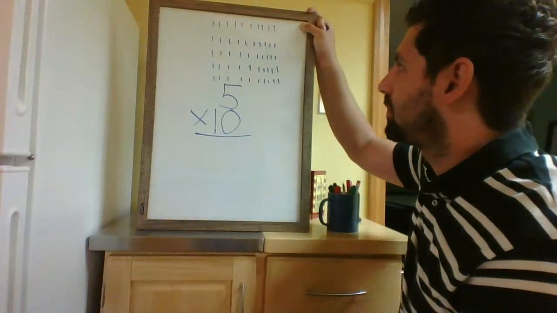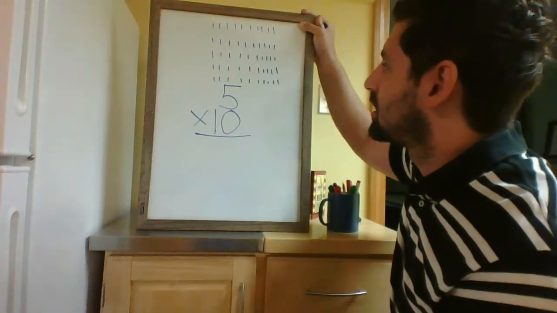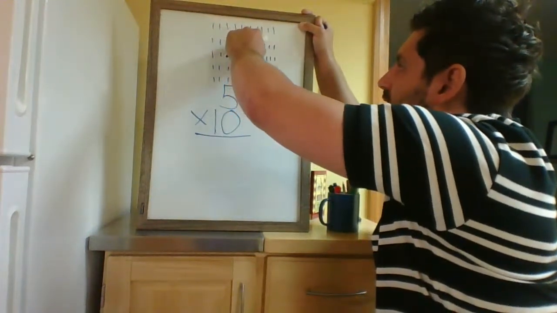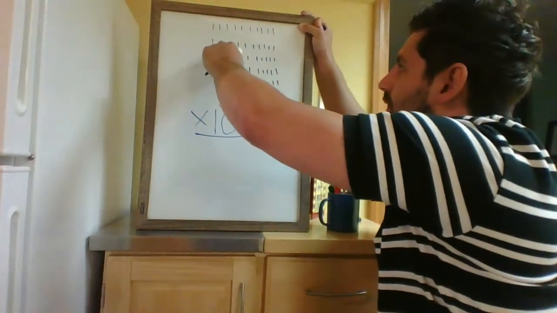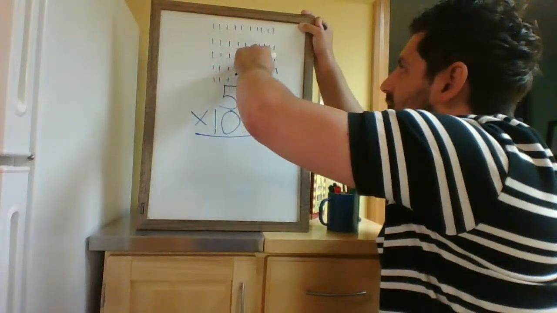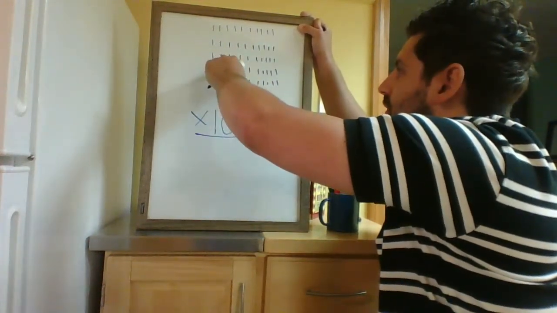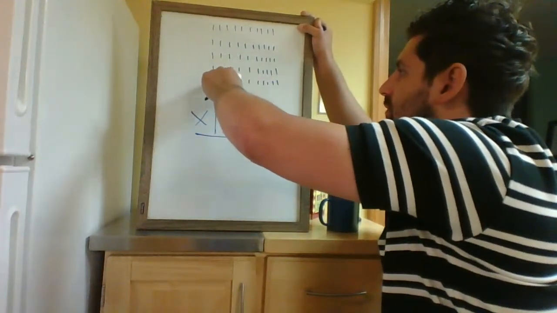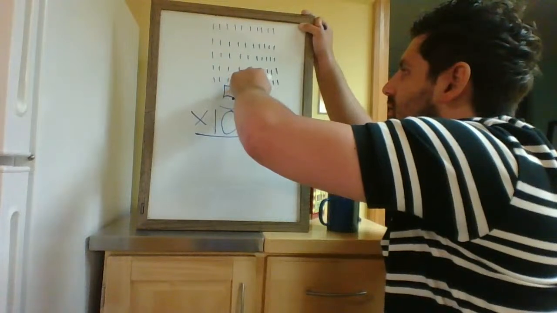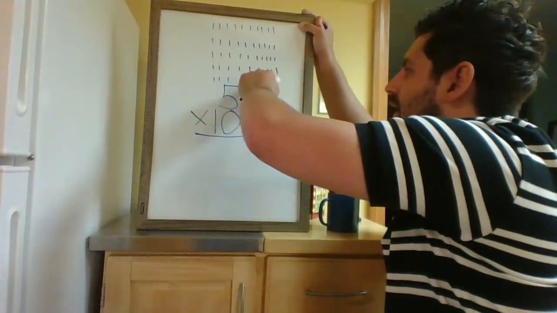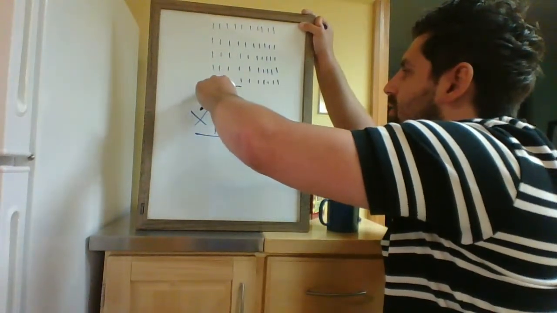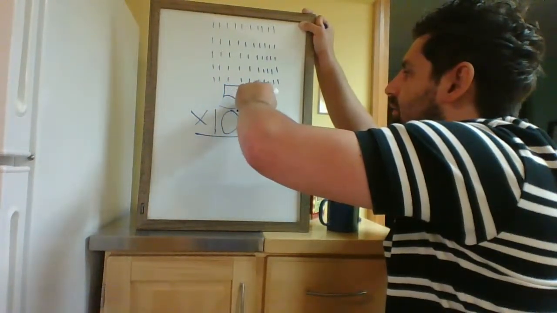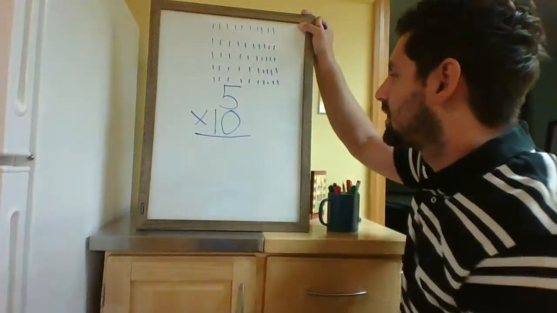I think I had 50 though, but I'm going to double check and make sure. 1 through 20, 21 through 30, 31 through 40, 41 through 50.